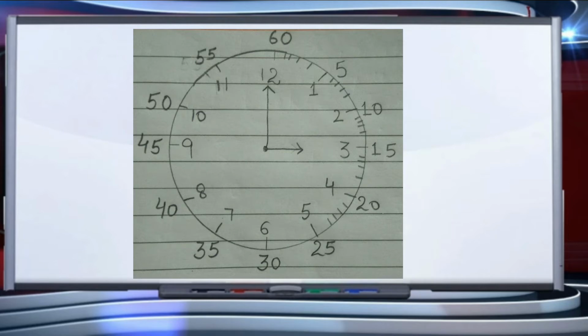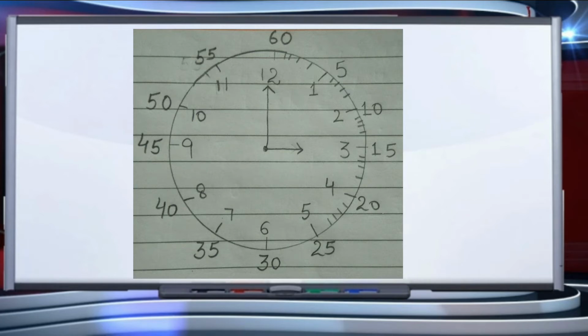That means 5 comes on 1 and 10 comes on 2. 15 goes for 3, 20 goes for 4. Similarly, this is 5, 10, 15, 20, 25, 30, 35, 40, 45, 50, 55, 60. On 12, it completes 60 minutes. That means this is the complete clock.